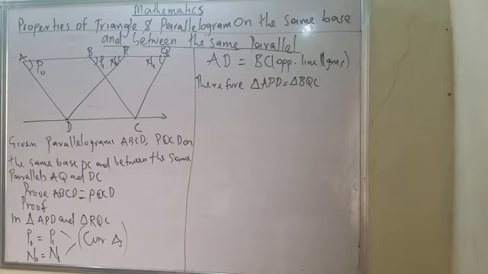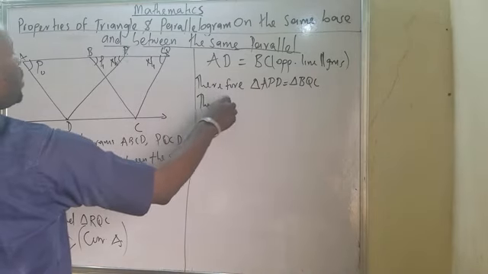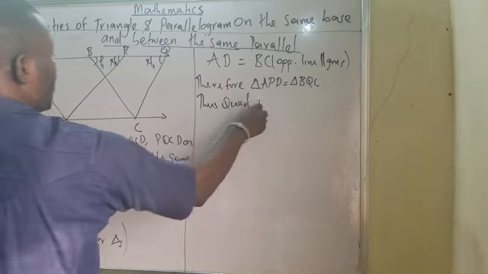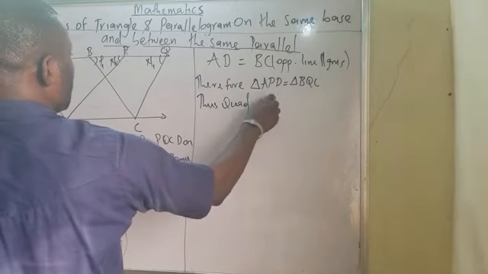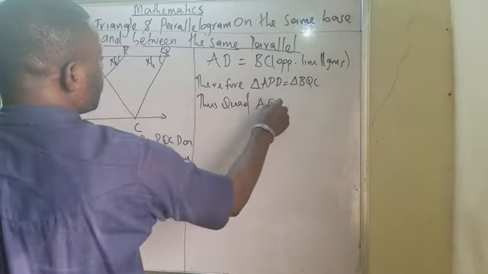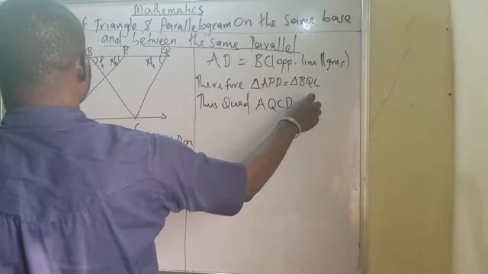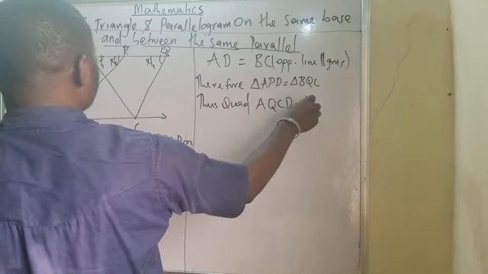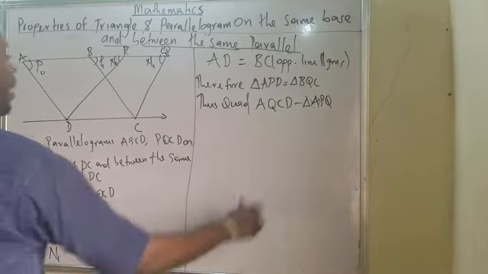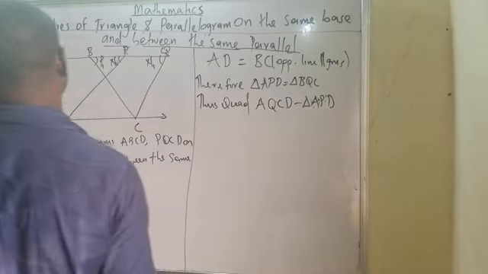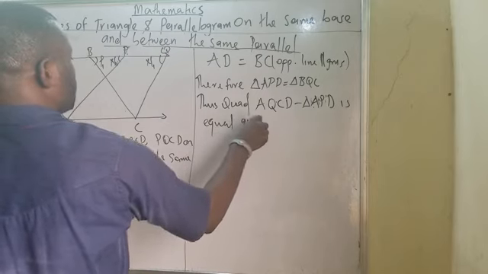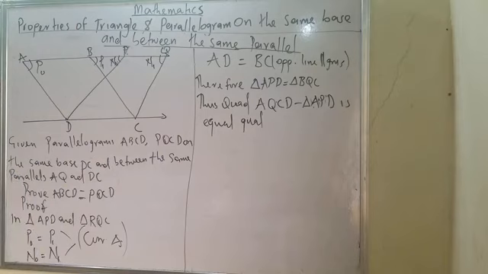Now, which I can say equals quadrilateral AQCD minus triangle APD is equal. Equality. Now, once I have this, it means I can say what?